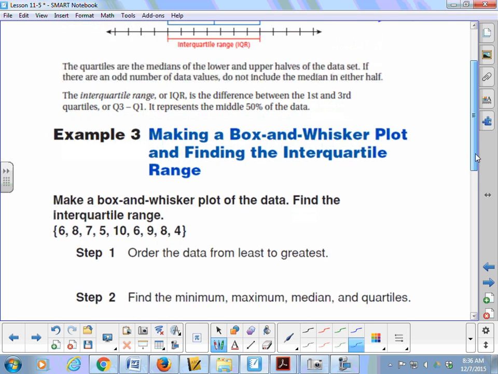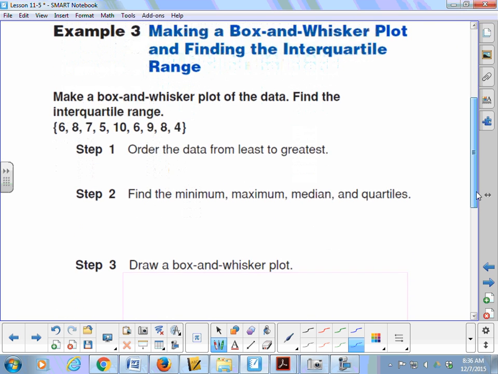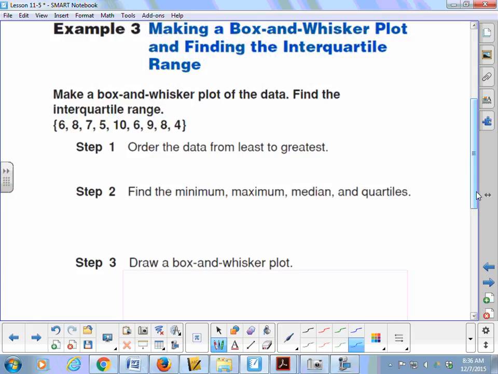Okay. So to make our box plot, first of all, we need to take our data and order it from least to greatest. So we have 9 numbers here. We're going to order them from least to greatest first.